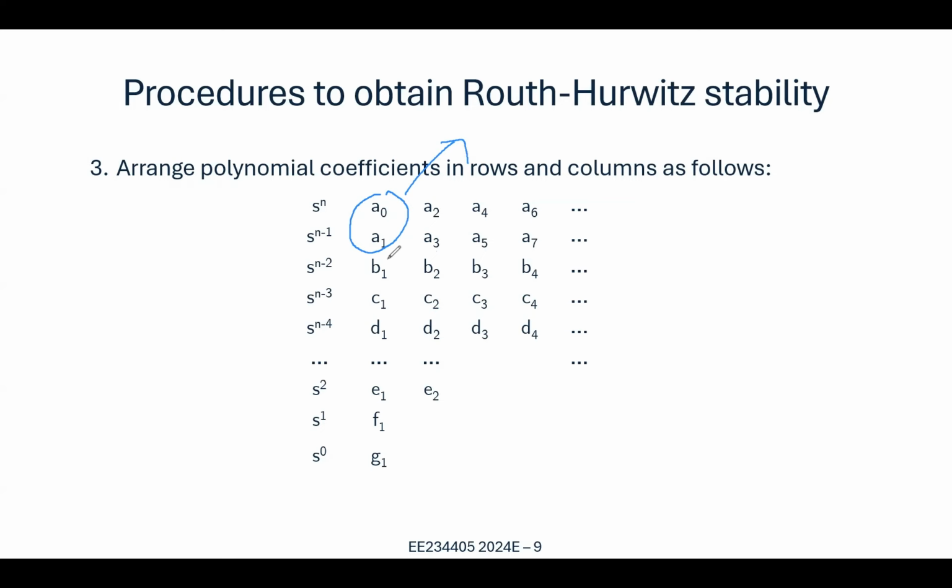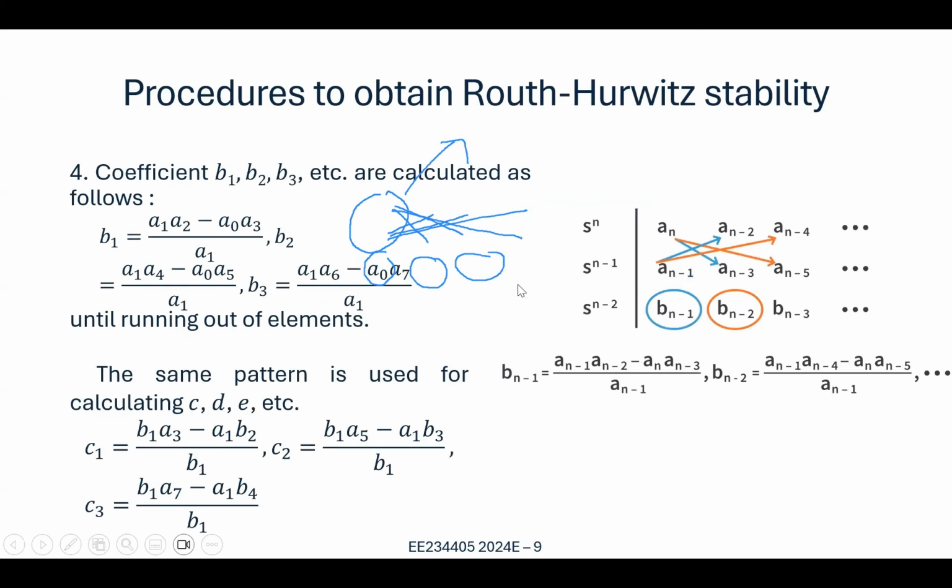So for B1 we use A1 A2 minus A0 A3, B2 we use A1 A4 minus A0 A5, B3 we use A1 A6 minus A0 A7, and so on. Then we obtain B1, B2, B3, B4 until we run out of elements. If we run out of elements, then we can just say that it is 0.